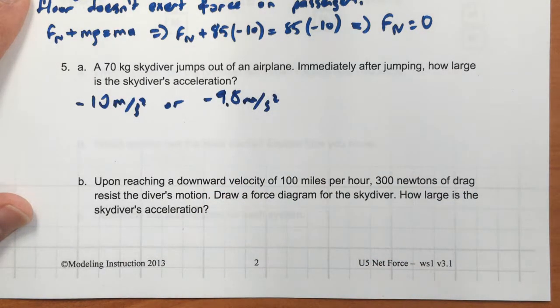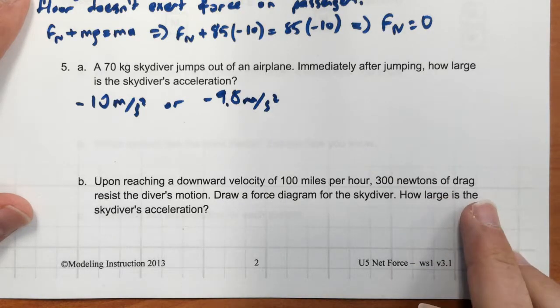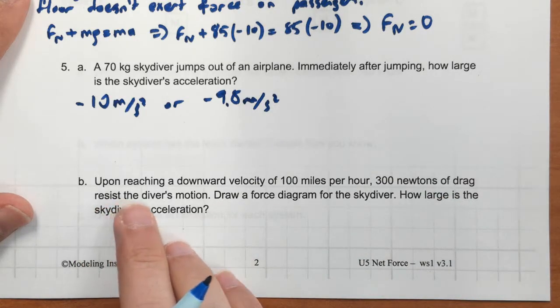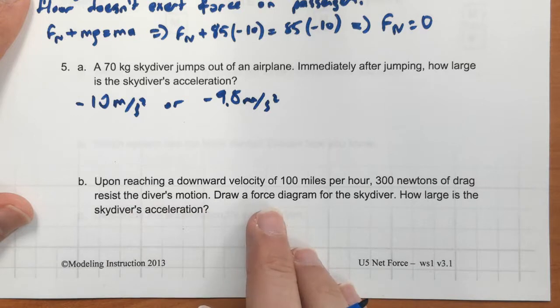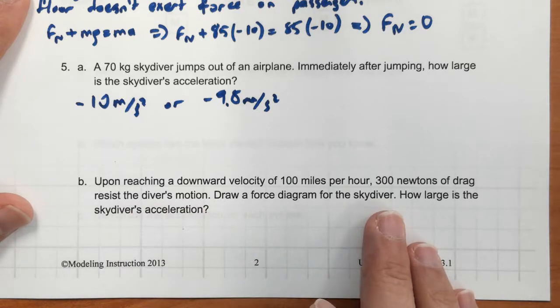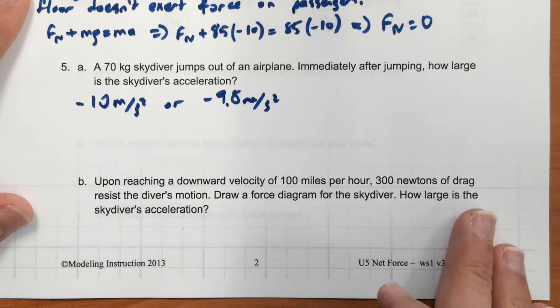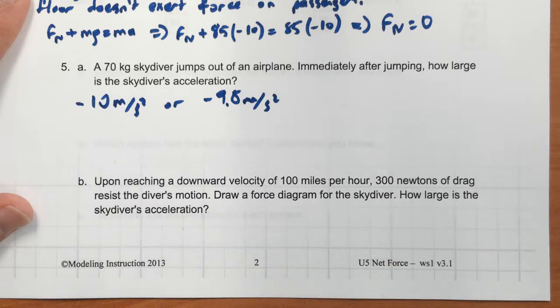Upon reaching a downward velocity of 100 miles per hour, 300 Newton drag resists the skydiver's motion. Draw a force diagram for the skydiver. How large is the skydiver's acceleration? Okay, so now let's show that.